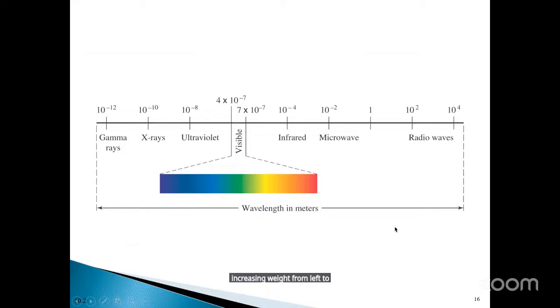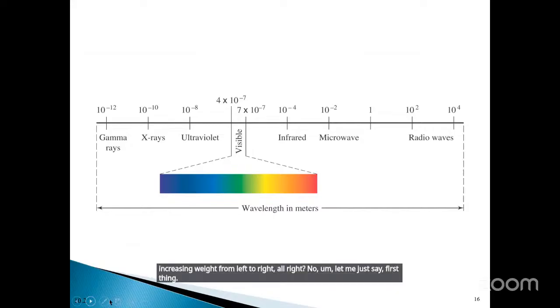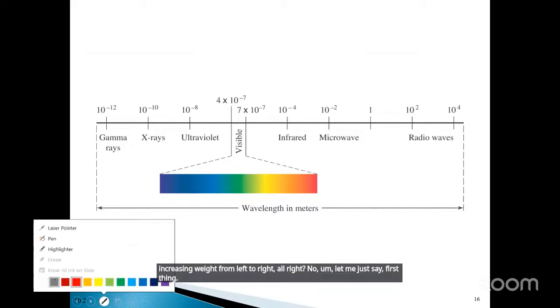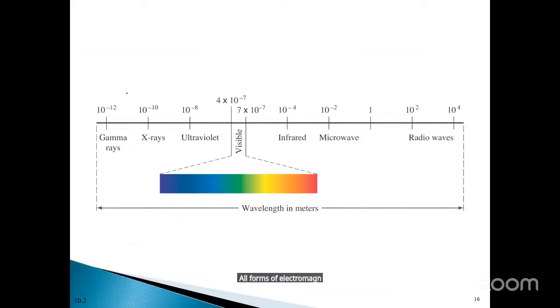All right. Now, let me just say firstly that all forms of electromagnetic radiation have the same speed, right? Now remember I said that the speed of a wave is equal to lambda, the wavelength, times the frequency, which is nu, all right?